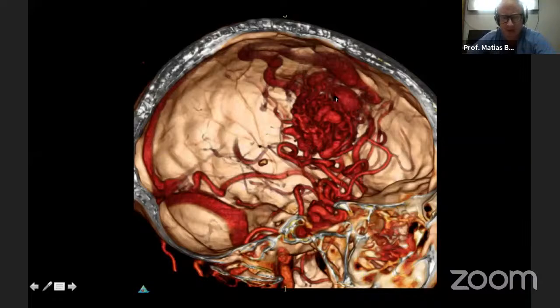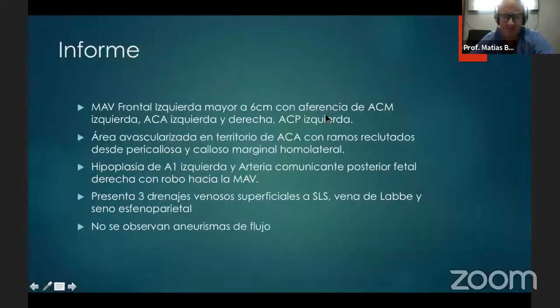We can observe a big left frontal AVM with some big draining veins arising from the superior and inferior poles of this AVM. We decided to perform a cerebral angiography.